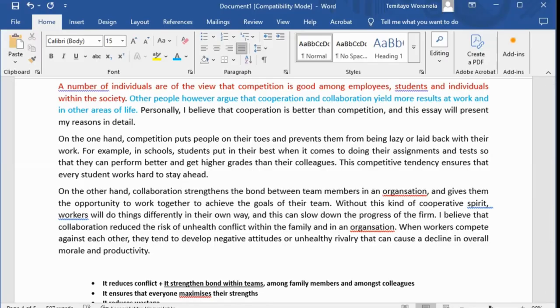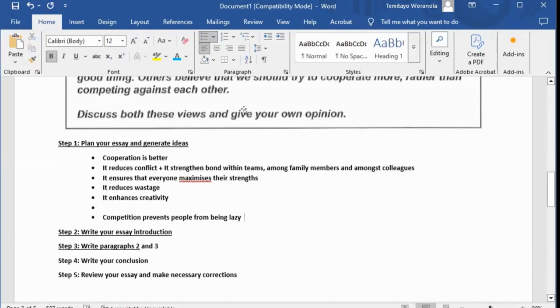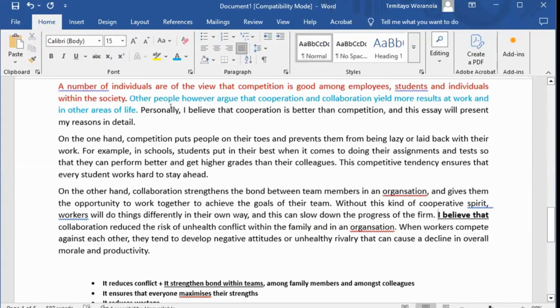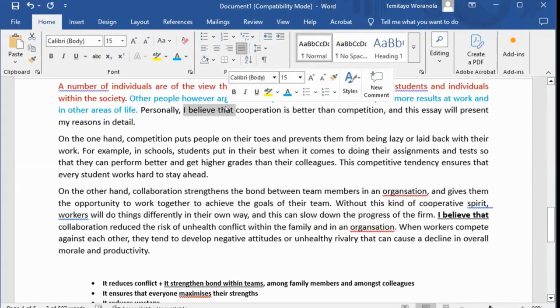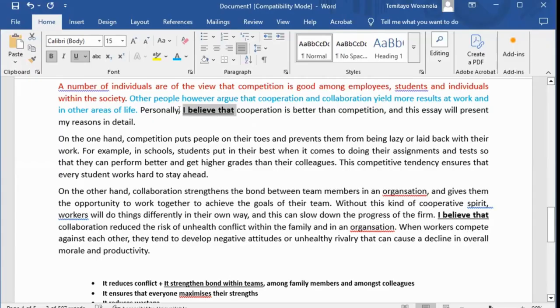Okay, so you see this thing here. This is what I'm saying: you must write something in your paragraph 3 that shows that, yes, this is my view. Something like that must show up in your discussion essay somewhere in paragraph 3. Why? The question says, give your opinion. So there are 2 places where you should do this. Number one place is in the introduction. Can you see that I've done it here in the final sentence of my introduction?